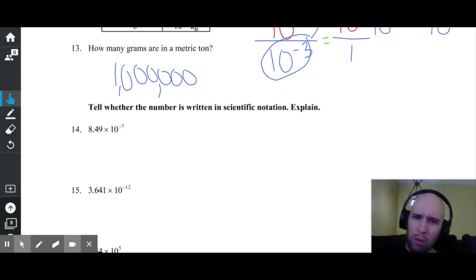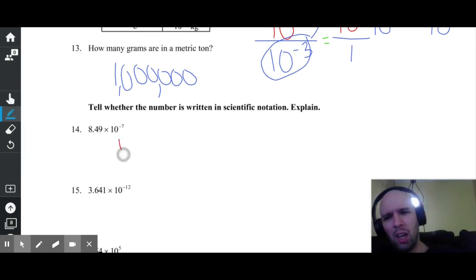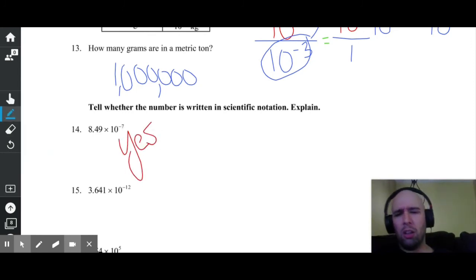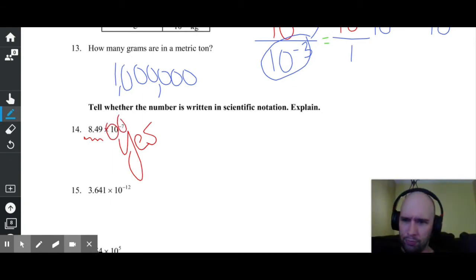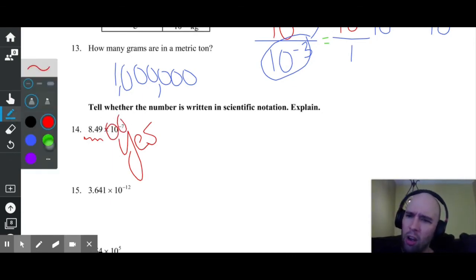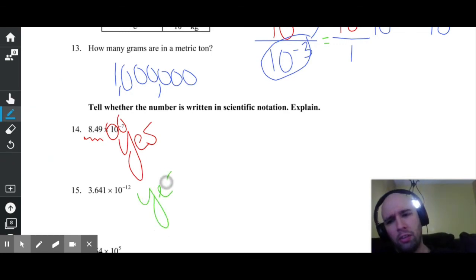Tell whether the number is written in scientific notation. Oh, easy. Easy. I'm not going to explain using numbers. Yes, because that number lives in between 1 and 9.999999. That number is 10, and that's a number. 15 is also a yes, for the same reasons.